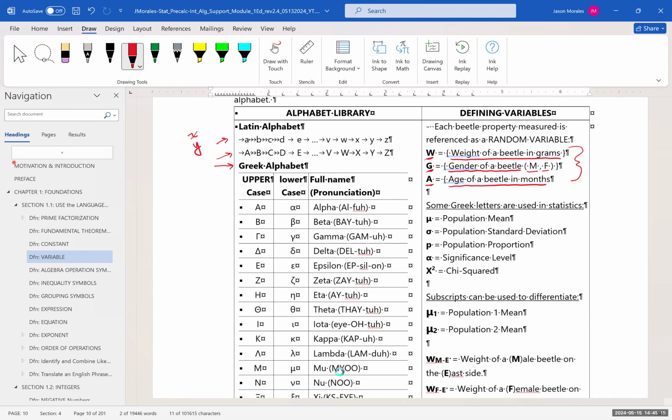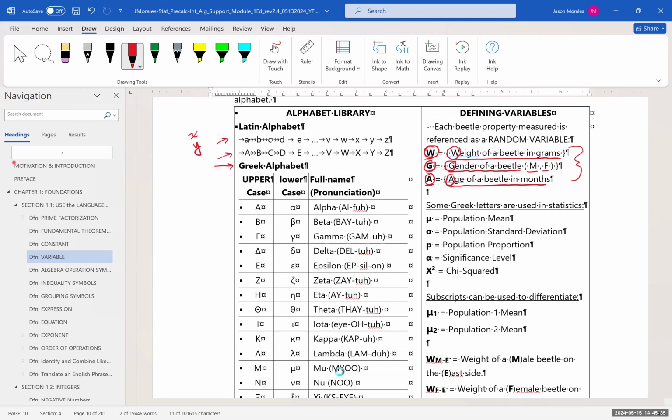So typically when you're defining a variable, it is helpful to choose a letter that matches the attribute of the data that you're collecting. So, G we use for gender and A for age.